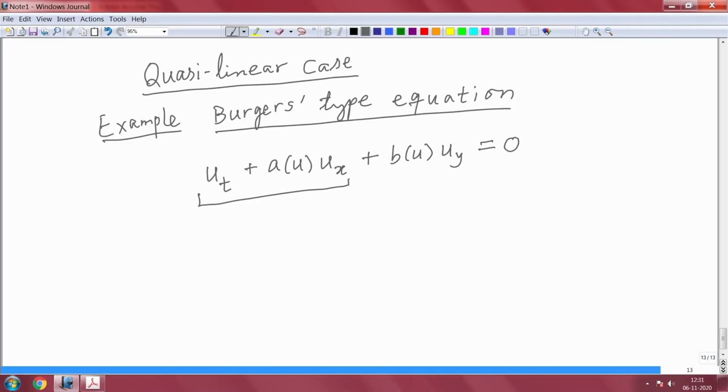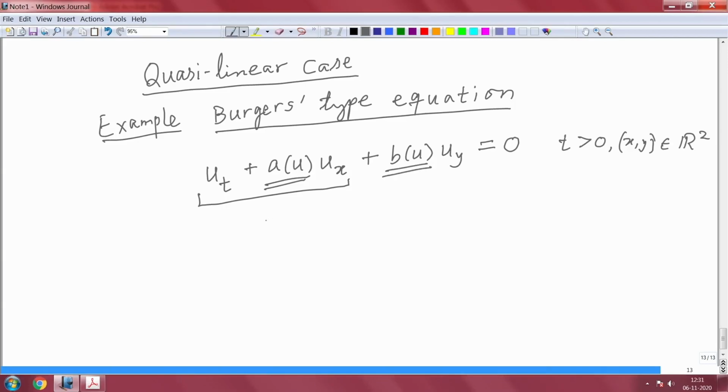So, a similar phenomenon we observe even in this two dimensional case. So, x, y belong to R2. So, this is a Cauchy linear equation because the coefficients a and b depend on u.